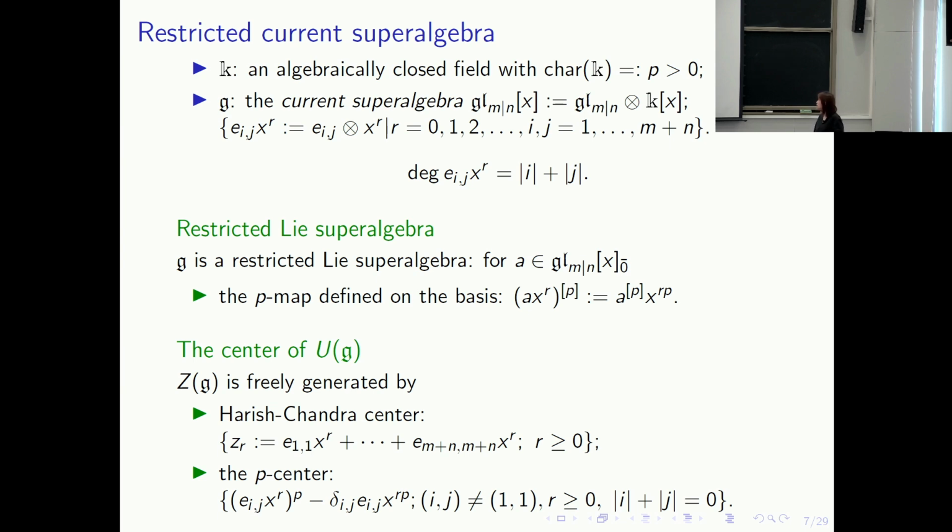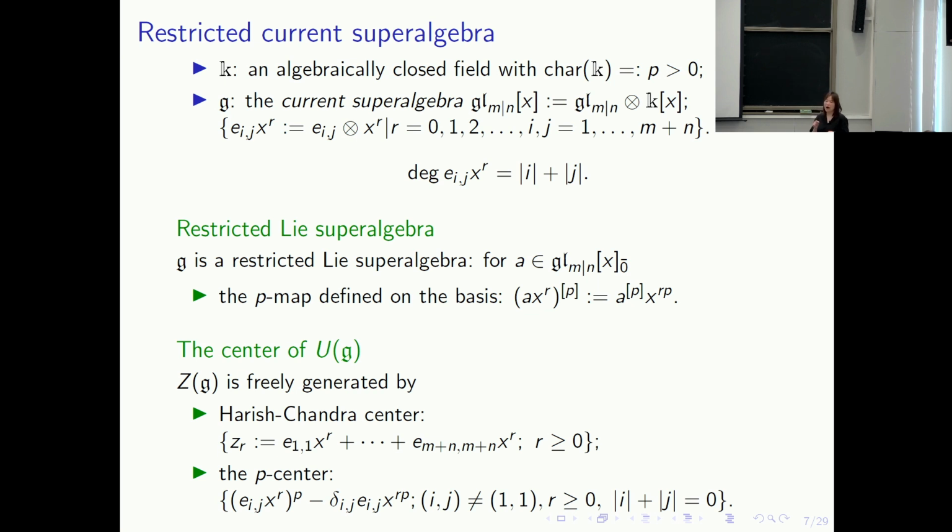And g is the current superalgebra associated to the general linear superalgebra GL(m|n). Then the elements E_ij make a basis of g, and the degree of each basis element E_ij is determined by the parities of i and j.